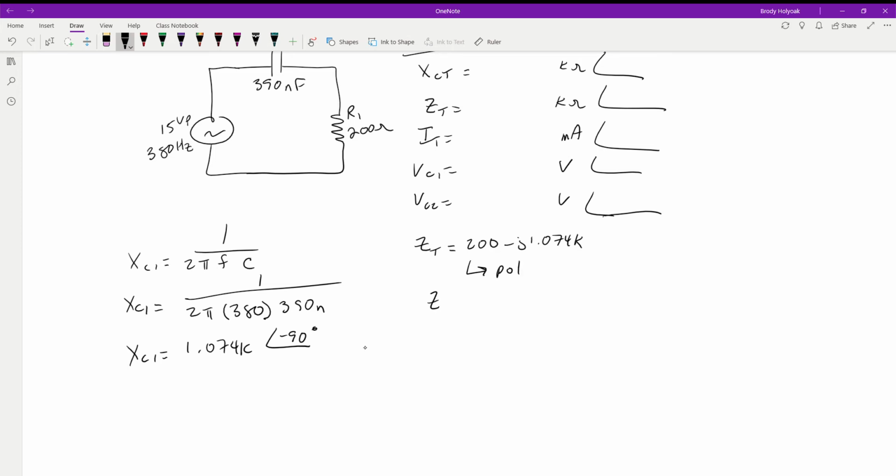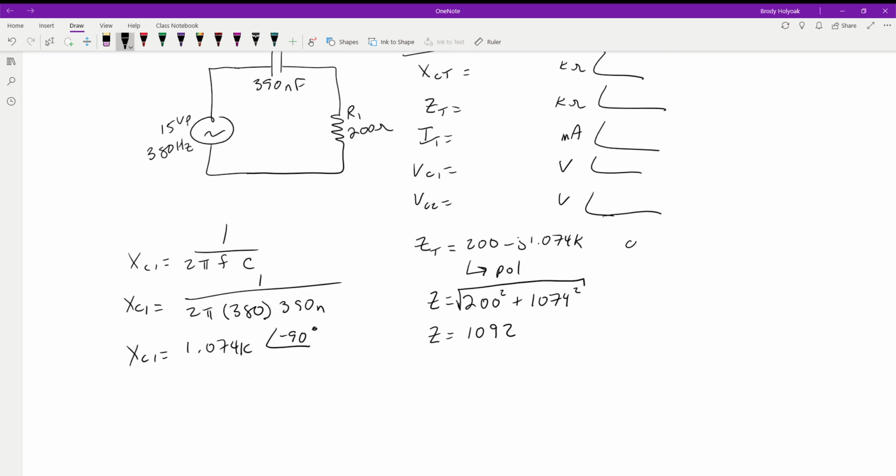The magnitude is going to be the square root of 200 squared plus 1074 squared. The magnitude is equal to 1092.